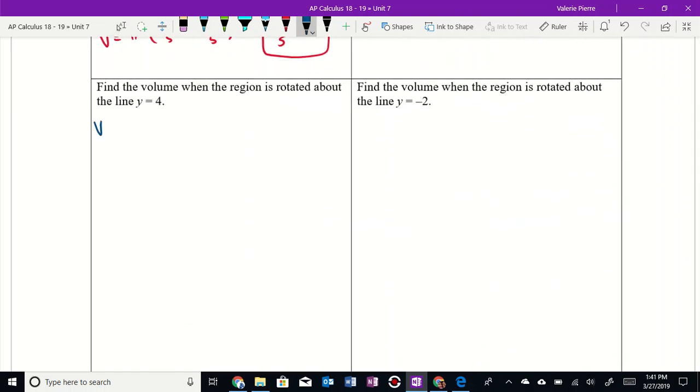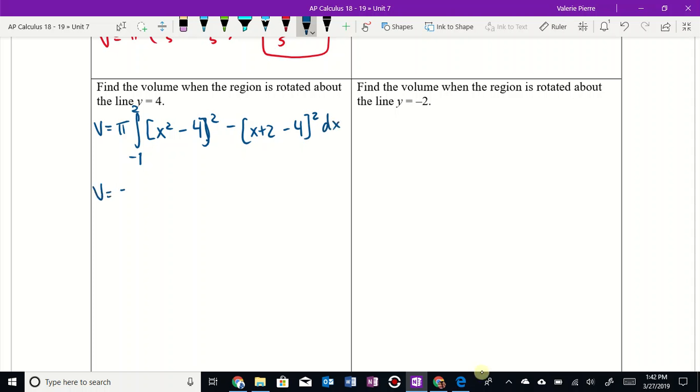So when we write our equation, we have V equals pi, still the same limits of integration, -1 to 2, of our outer function, which is x squared, minus our axis of symmetry, which is 4, squared, minus our inner function, x plus 2, minus our axis of symmetry, which is 4, squared, dx.